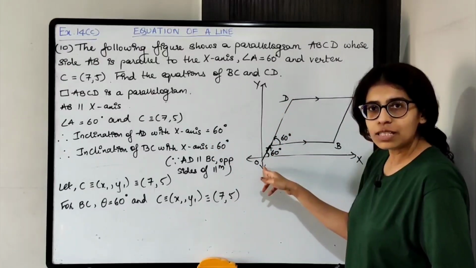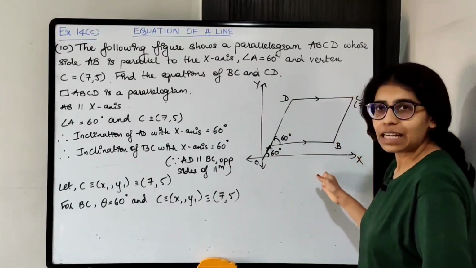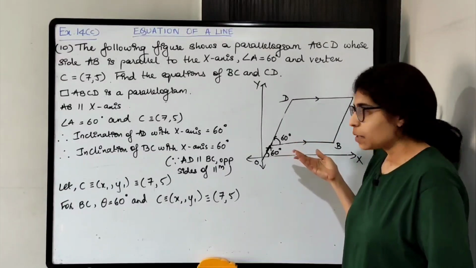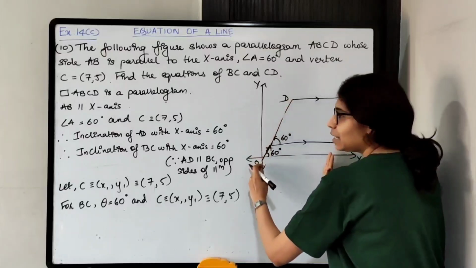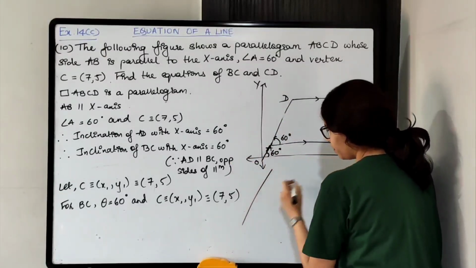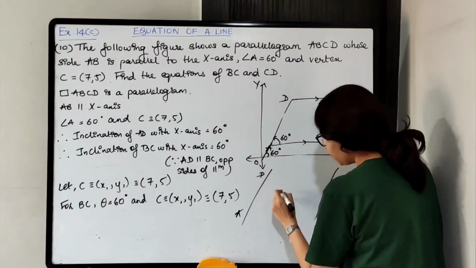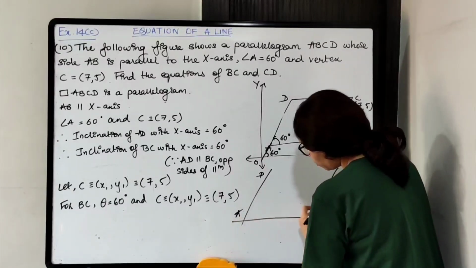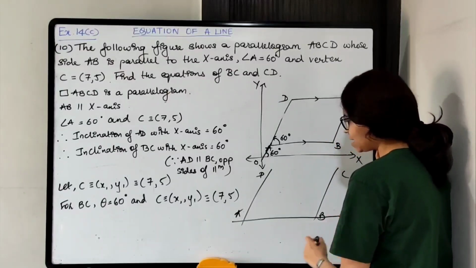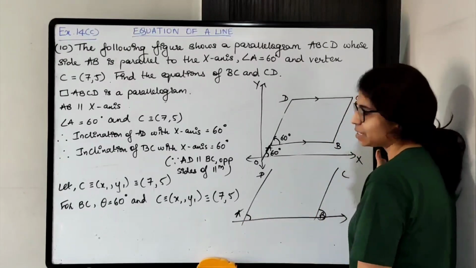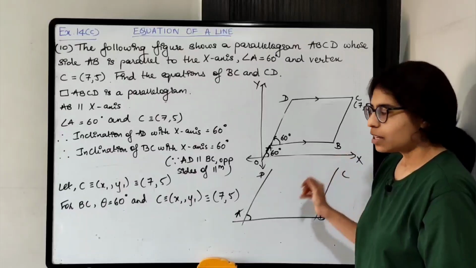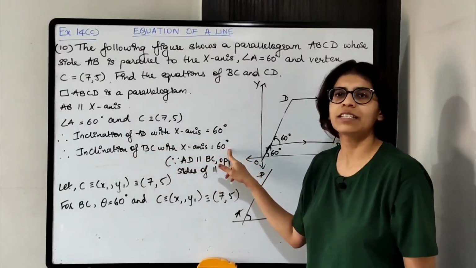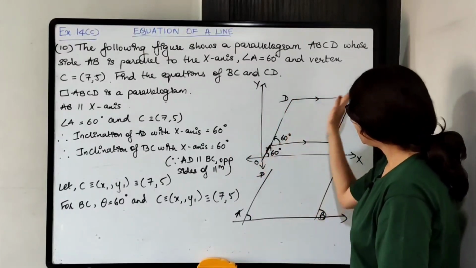AD का इंक्लिनेशन 60 है, so उससे जो पैरेलल लाइन है उसका भी इंक्लिनेशन 60 ही होगा. Okay, because these are like two parallel lines and ये ट्रांसवर्सल हो गया. AD and BC are two parallel lines and अगर उसको extend करें तो it is going to cut x axis. ये 60 है तो ये भी 60 हो जाएगा. Okay, so this will be 60 degrees. So BC का इंक्लिनेशन will also be 60 degrees because AD and BC are parallel.